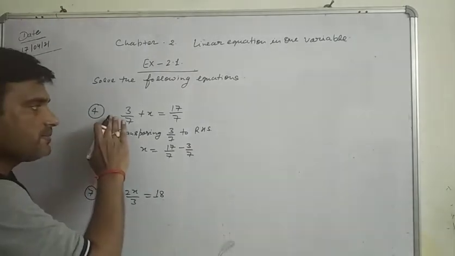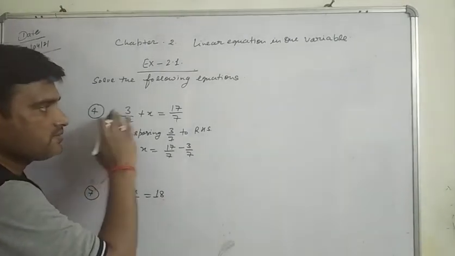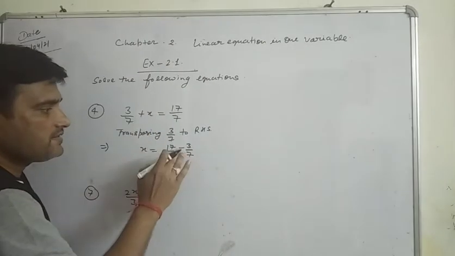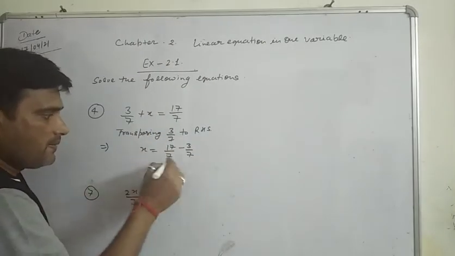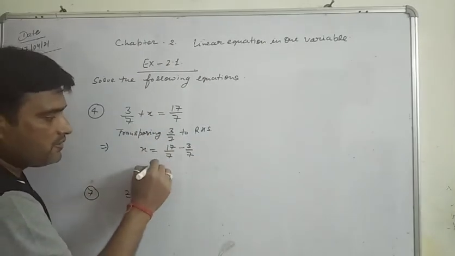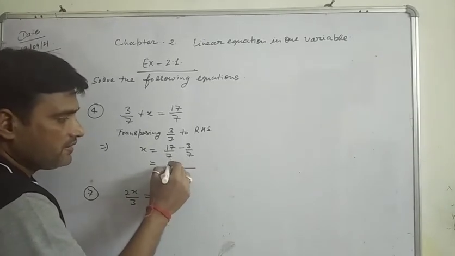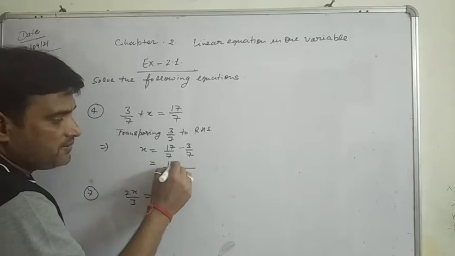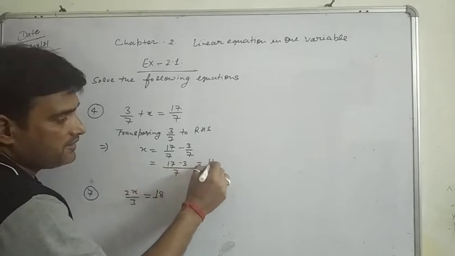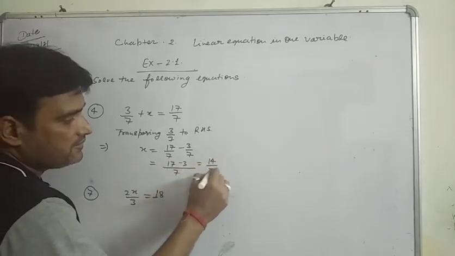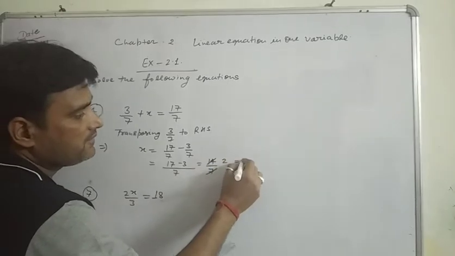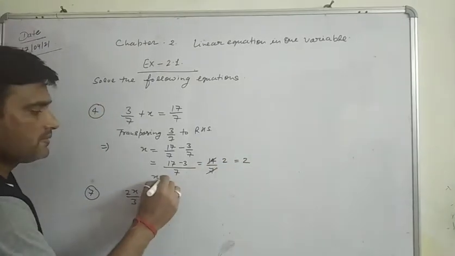When we transfer 3/7 from LHS to RHS, its sign changes, minus 3/7. Now we solve it. Denominator same. Now we subtract the numerator. 17 - 3 = 14/7. 7 twos are 14. x = 2.